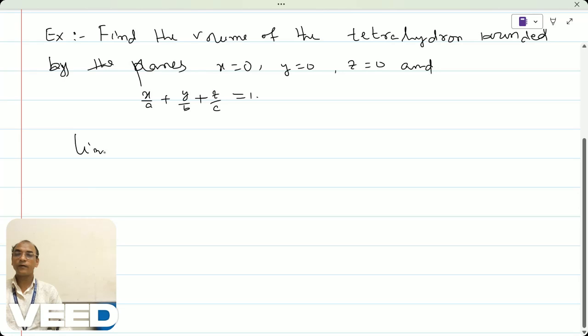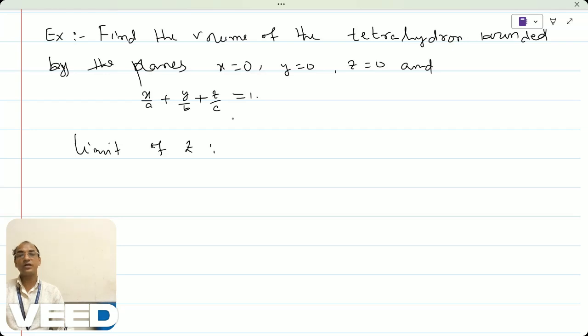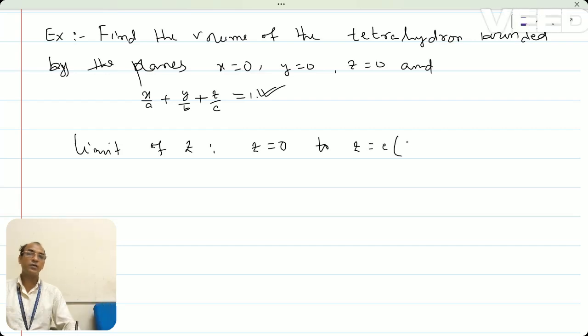Limit of z: if I want to keep z inside, then I have to write z in terms of x, y. So already I have one limit of z, and the other limit will be obtained from this equation of the plane, and that will be nothing but z equal to c into 1 minus x by a minus y by b.